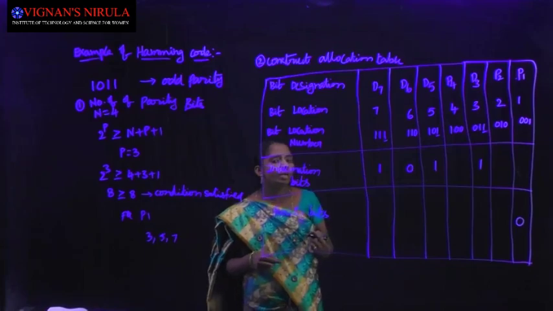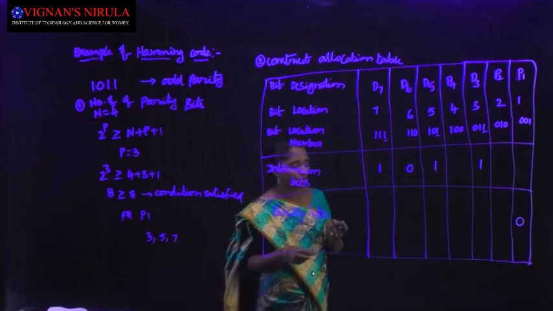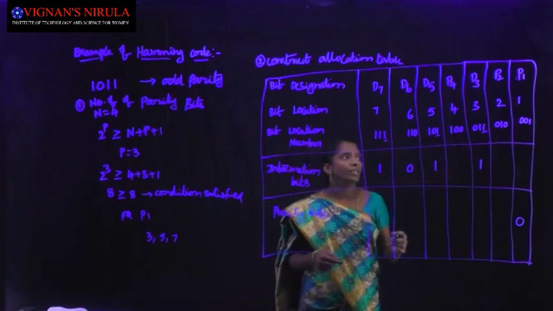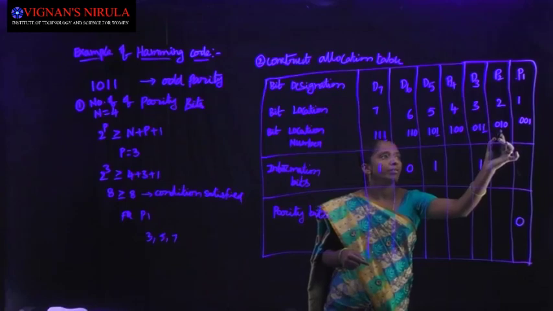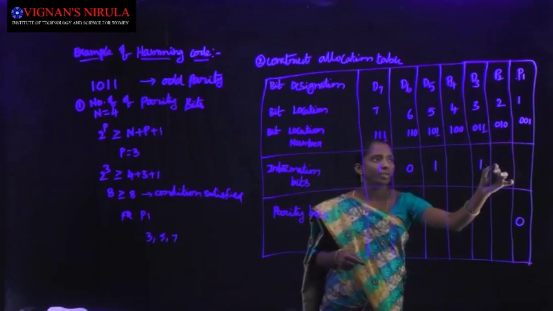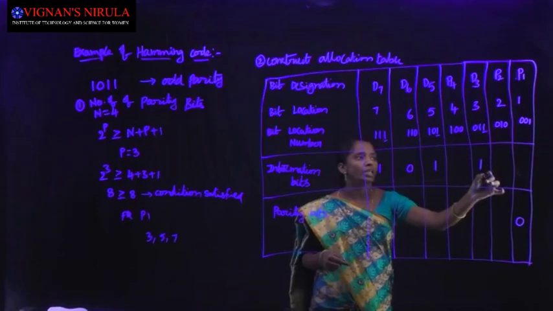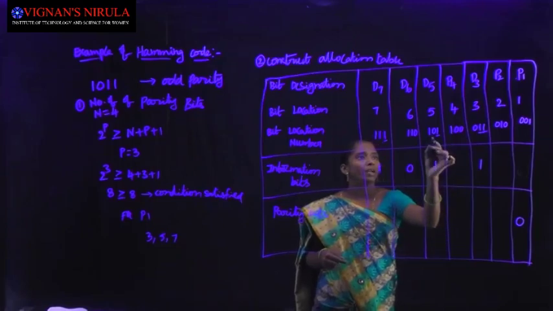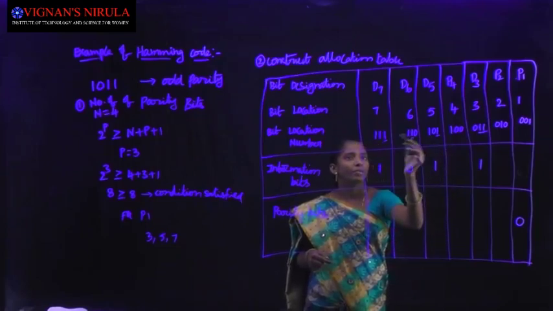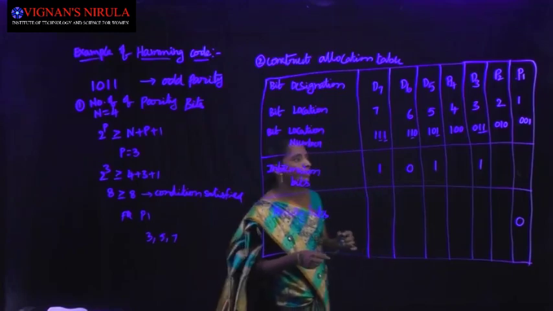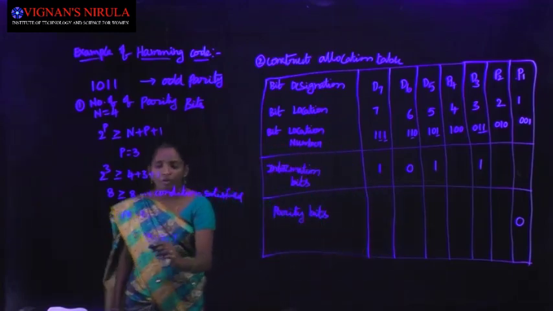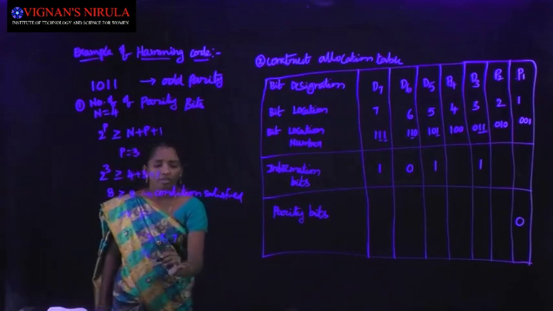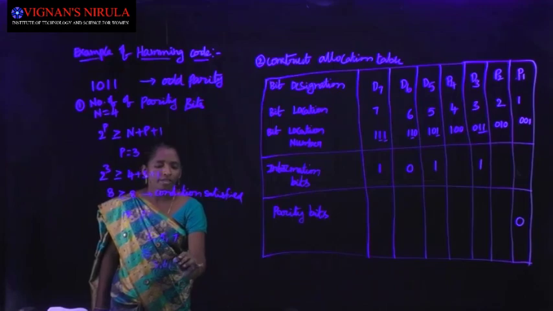Next, check parity bit 2. We look for the middle bit being 1. Here we don't have information, so no need to check. To check P2, we check locations 3, 6, 7.